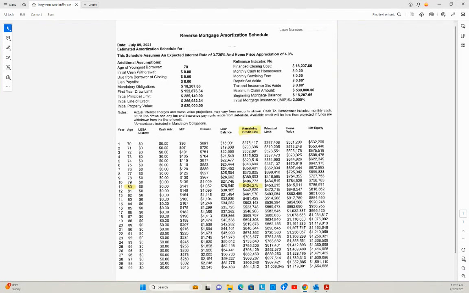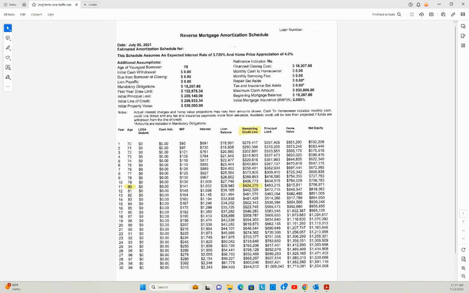Let's say we need those funds on a monthly basis to provide additional income. We can use that reverse mortgage as a buffer asset to offset the risk during down market years. Another way that the reverse can be utilized is as a buffer asset to prepare for long-term care costs.